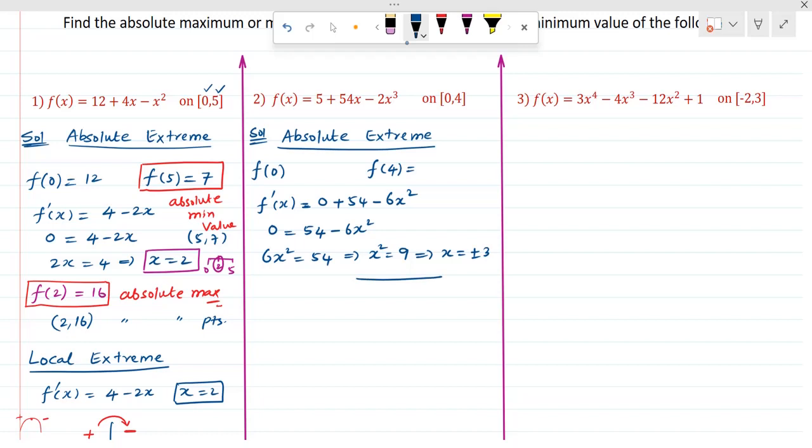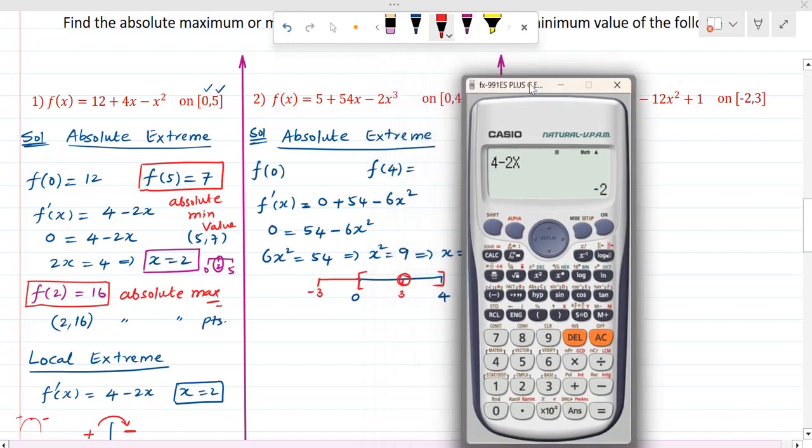Note that the given interval is 0 to 4, but I got the critical values 3 and minus 3, and minus 3 is outside the given interval. So I will discuss only 3. I don't bother about the minus 3, right? So let us start with the calculator.